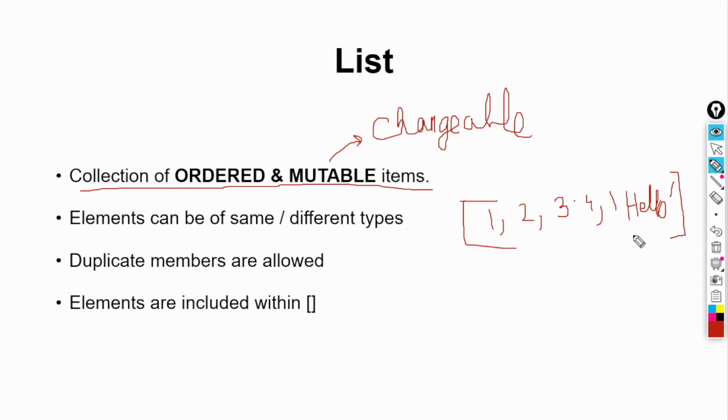There is no problem. Duplicate members are also allowed. And the most important thing, lists are enclosed within square brackets. All right.